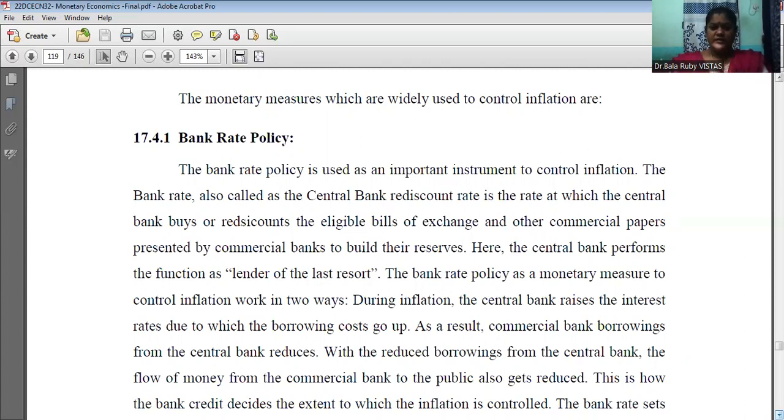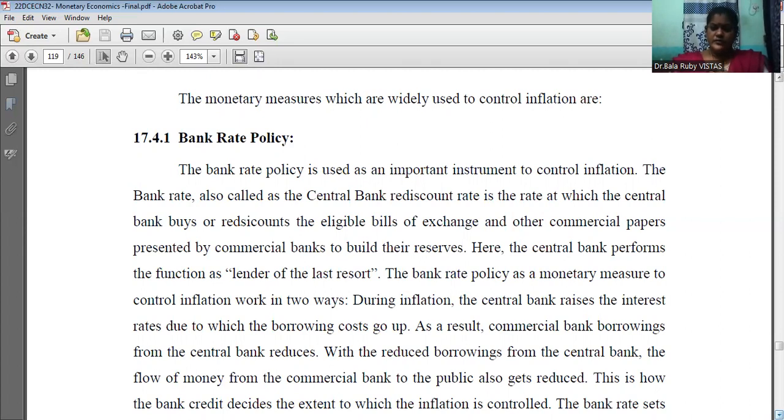The bank rate policy as a monetary measure to control inflation works in two ways. During inflation, the central bank raises the interest rate, due to which the borrowing costs go up. As a result, commercial bank borrowings from the central bank reduce.